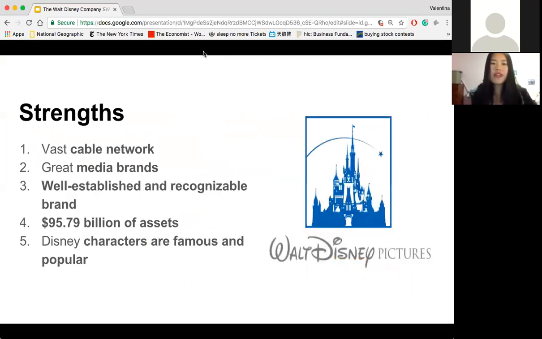For the strengths, Disney is a very well-known company. A lot of people have heard of the company because of its films, and that's actually because of its vast cable network. Disney operates ABC Family and the Disney Channels across the globe.